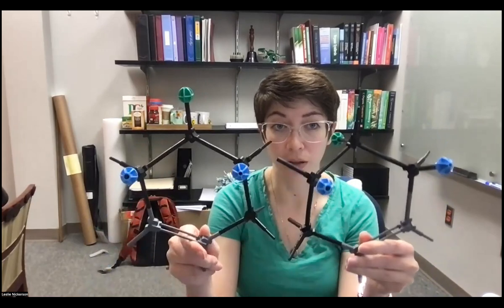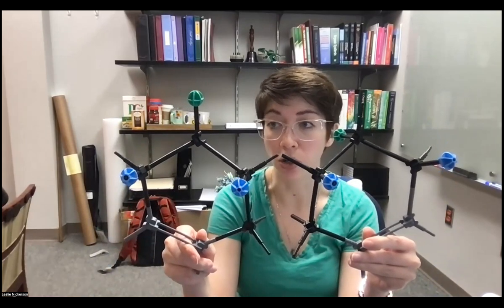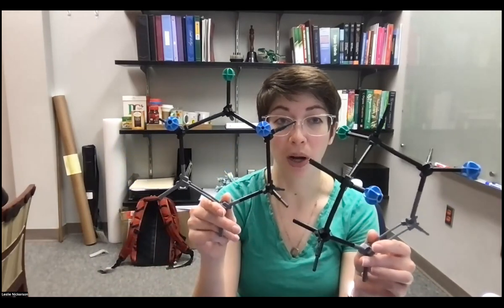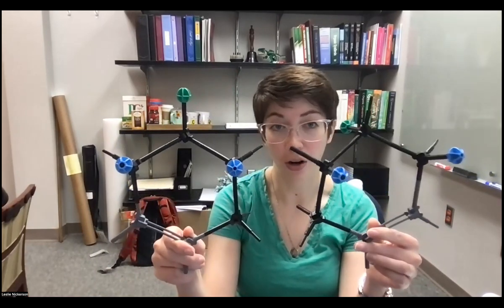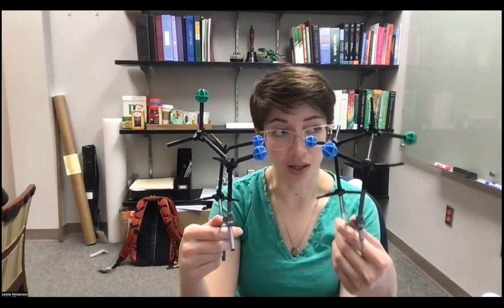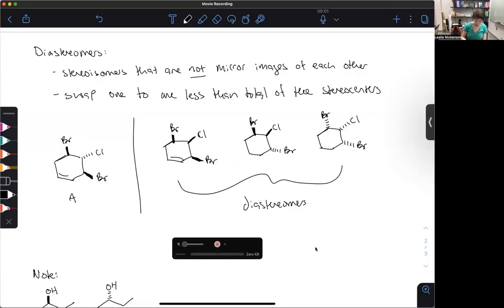I've got my chlorines in totally different orientations here. Some of it still looks like a mirror image, but these two are not anymore. That's actually a better way to see that they're not mirror images, but still different orientations in space, okay? So for diastereomers, you can just get away with switching one and then you'll be fine.